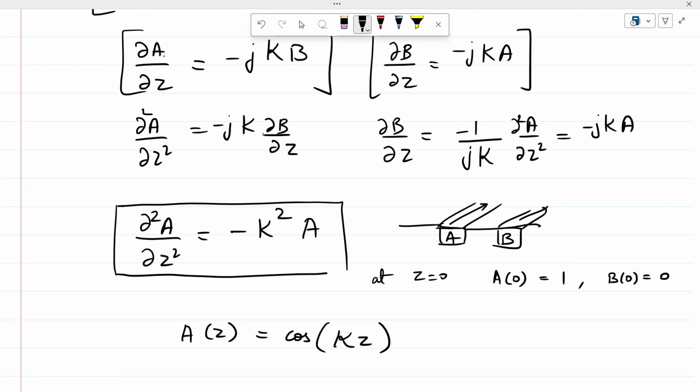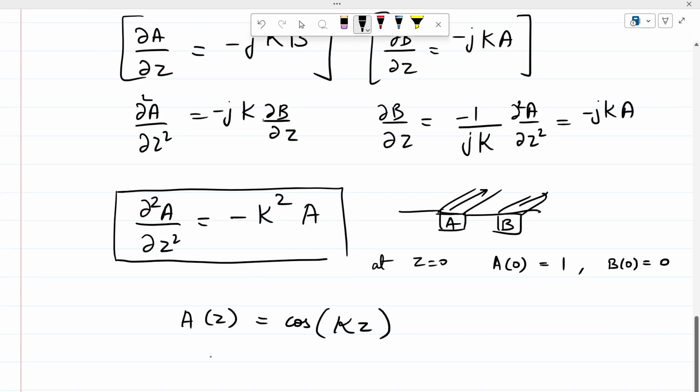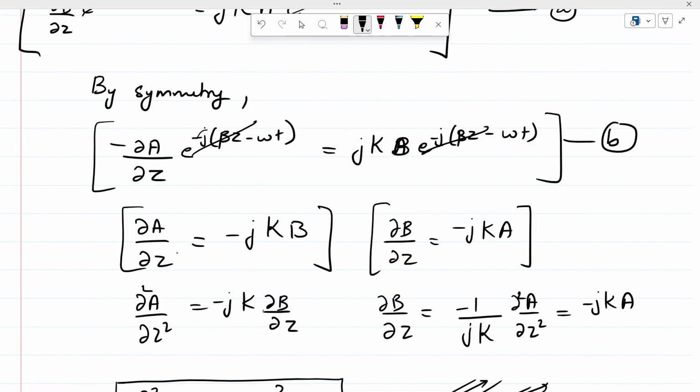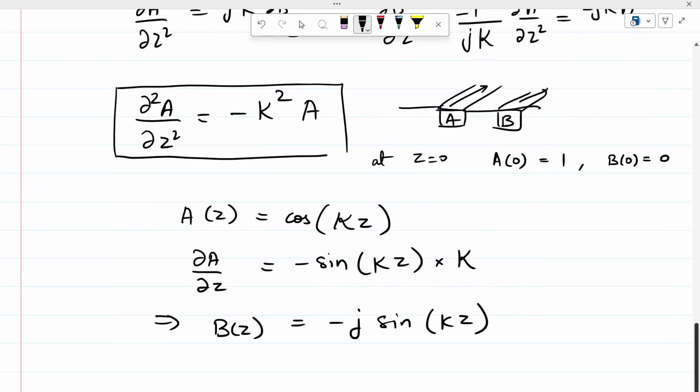B is nothing but ∂A/∂Z into minus 1 by minus jκ. ∂A/∂Z is equal to minus sin κZ into κ, which implies my B of Z is nothing but minus j sin κZ, and the κ got cancelled. So now I have my B and A.